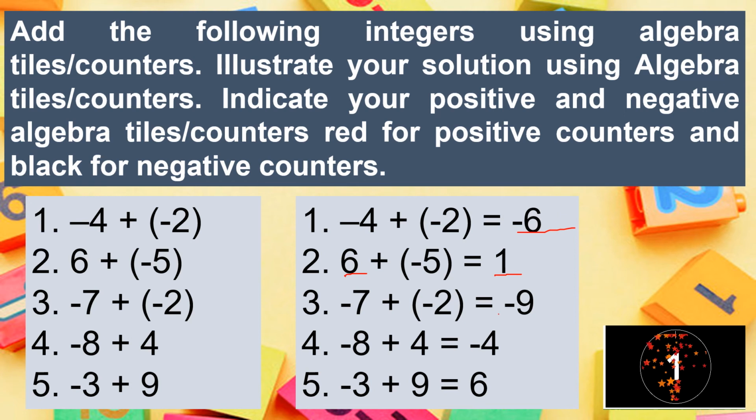Then, negative 9, parehong negative. Itong number 4, negative 8 plus 4, naging siyang minus, pero ang sagot niya ay negative, dahil mas malaki yung negative 8 kaysa sa positive 4. Then, negative 3 plus 9, may minus ulit, pero ang sagot ay positive 6, dahil mas malaki yung positive 9 kaysa sa negative 3.